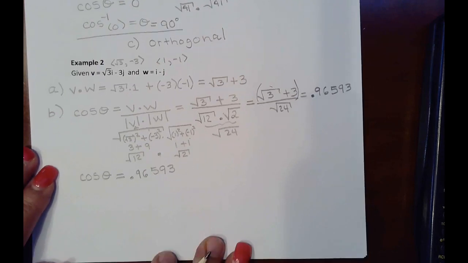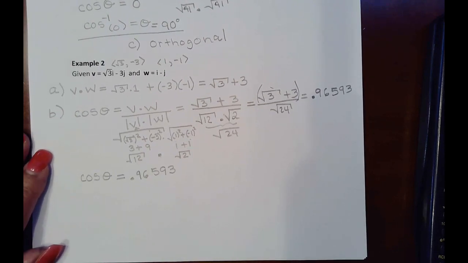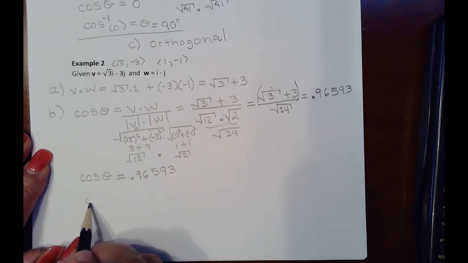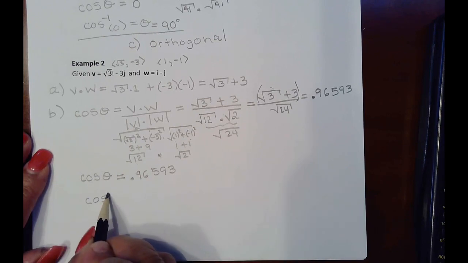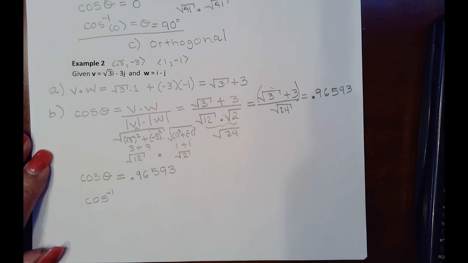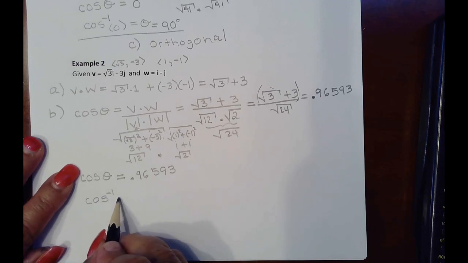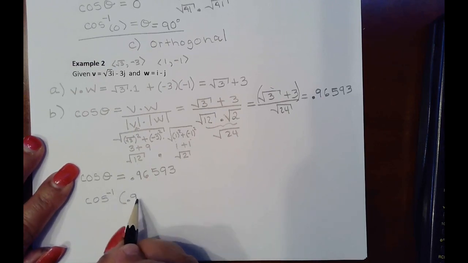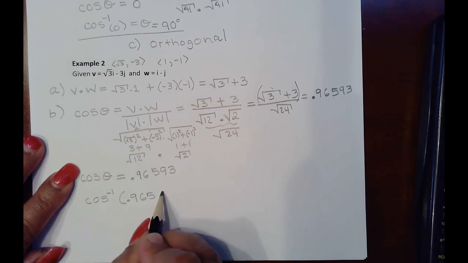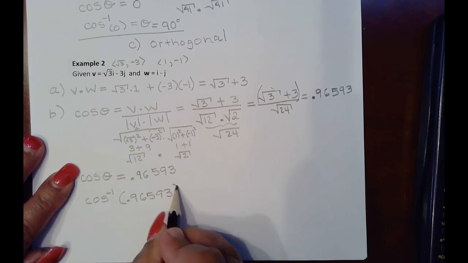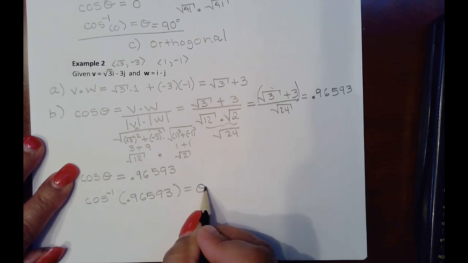Okay, and then don't lose track of that skill where you're finding an angle just by rewriting this as the inverse. Now, there's no such thing as reference angle here because you're just finding the angle in between two things, not spinning to a particular quadrant. So it's inverse of 0.96593, even though you're really going to be feeding in the whole thing, and that's equal to theta.